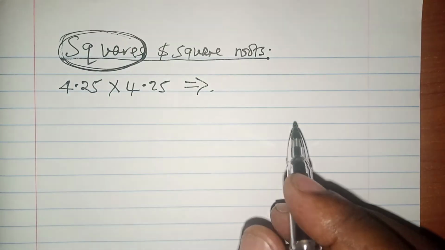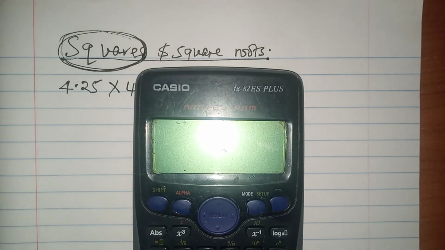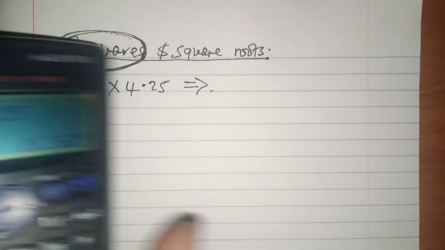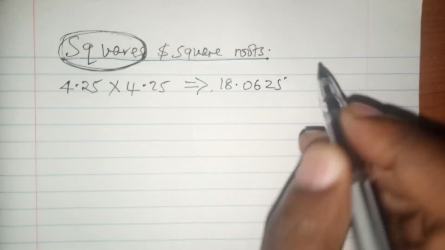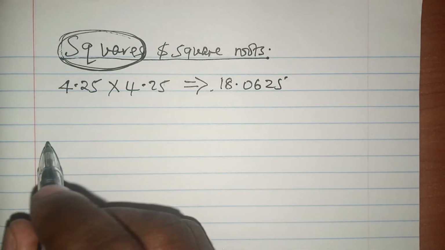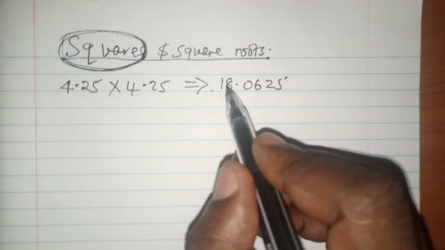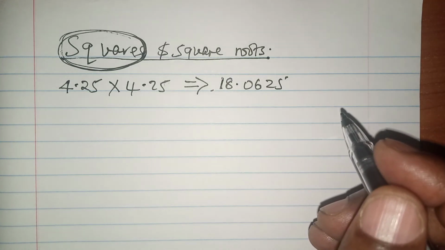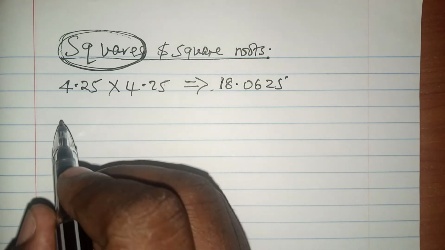Accurately, you will get what you will get using the calculator. This is 4.25 times 4.25, which is exactly 18.0625. But using the table, you will not get exactly 18.0625 because the accuracy of the answers from the table are to four figures. So how do we get the square of 4.25?